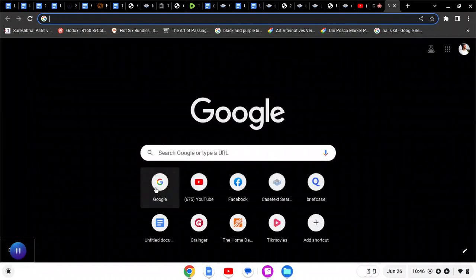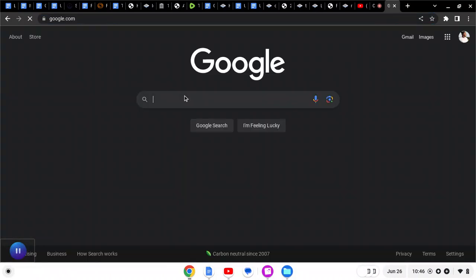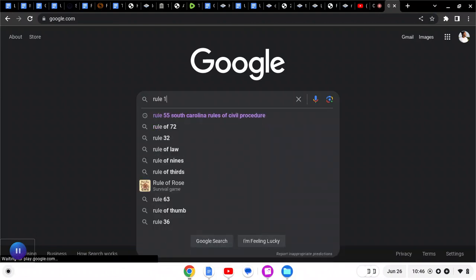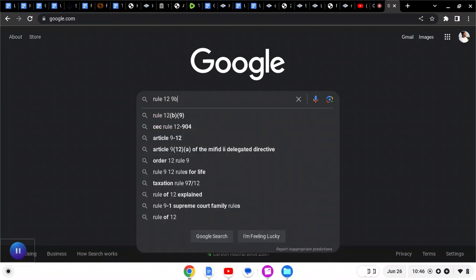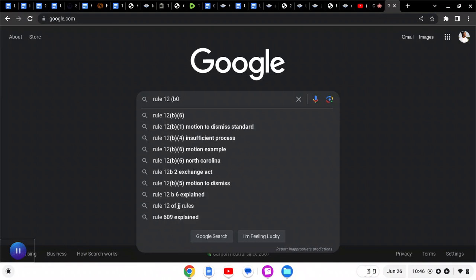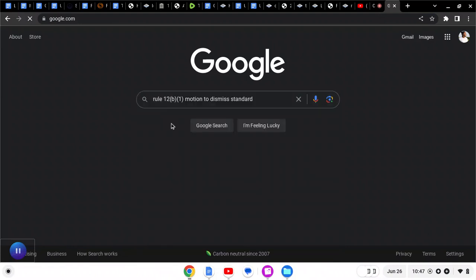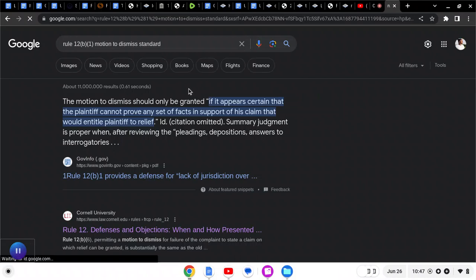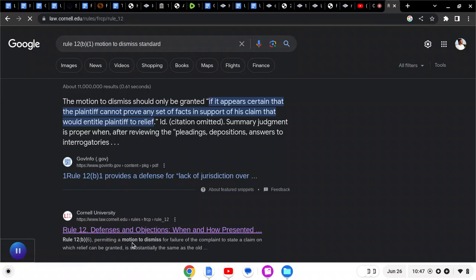Let me go here and we're going to go to Rule 12(b)(6). No, I think that's an old standard. So we're right here, Rule 12(b)(6), and I'm explaining this to y'all.